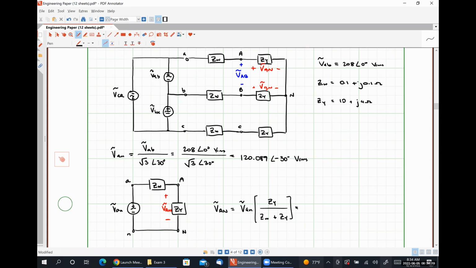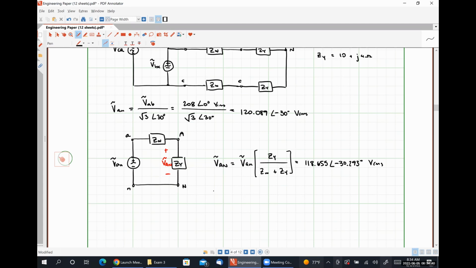If we substitute in our numbers, we get 118.655 angle negative 30.293 degrees volts RMS, and VBN is VAN times 1 angle negative 120 degrees.